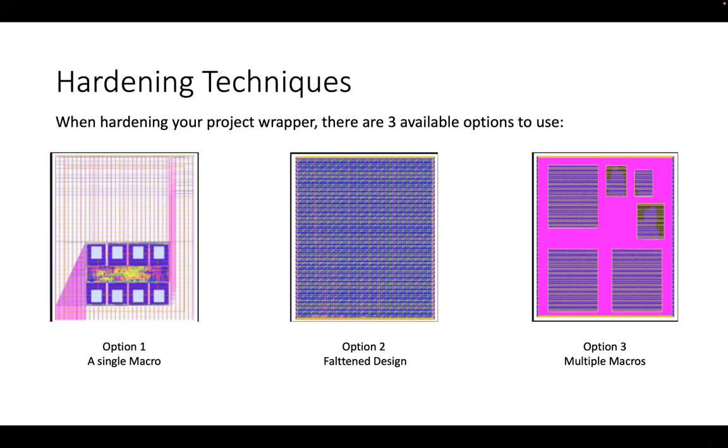So in our case, in this workshop, we are going to go with the first option, which is hardening the design first, and then inserting the design into the wrapper, and then hardening the wrapper. So with that option, the first thing we need to do is to start hardening our design.